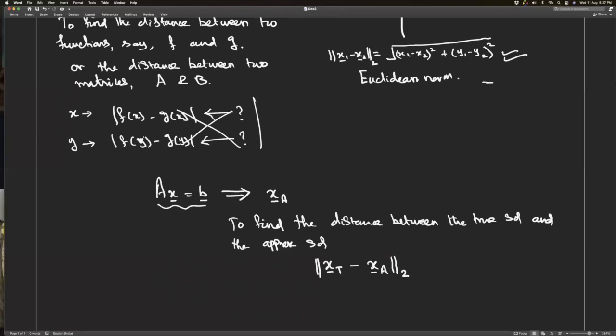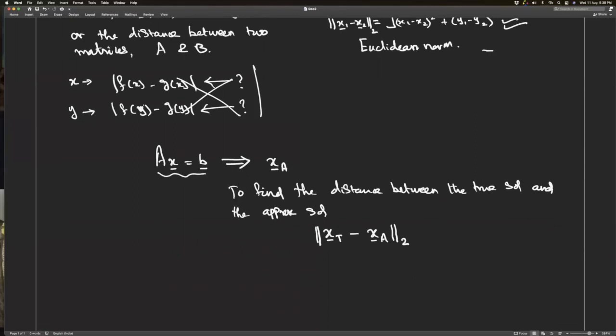Up to here, everything is fine. Well, you can find this number only when these two vectors are given to us. This one is, of course, a known quantity because your method will give you this. But unfortunately, this is not known, right? If we know this, then we don't need to go for an approximate method, right? Since we don't know the true solution of your system, you chose to go for an approximation procedure, right?